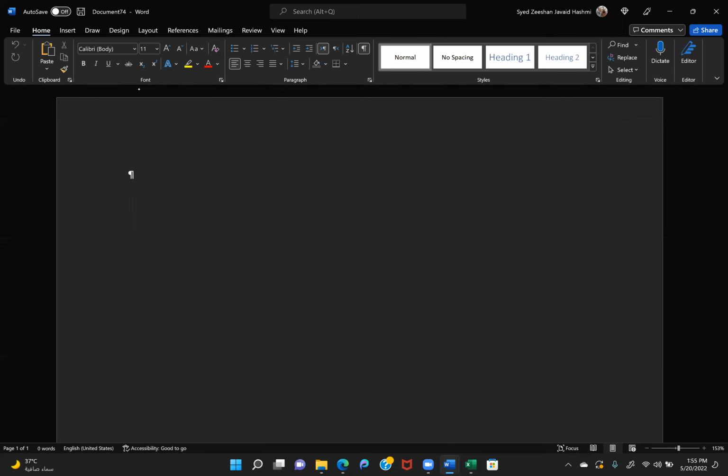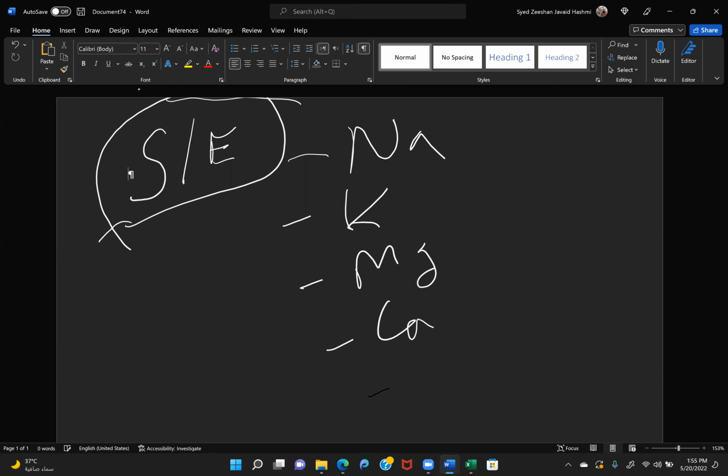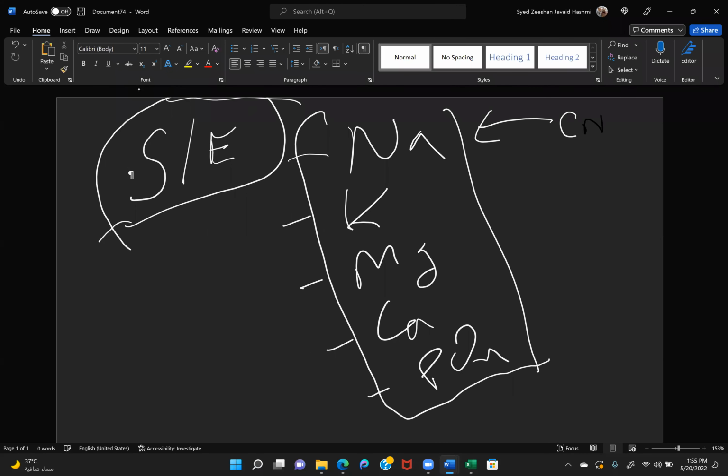Then an important thing, which is one of the factors for delayed discharge from the ICU, is serum electrolytes. So sodium, potassium, magnesium, calcium, and phosphate. These five are very, very important. Sodium is related to the CNS and the conscious level.